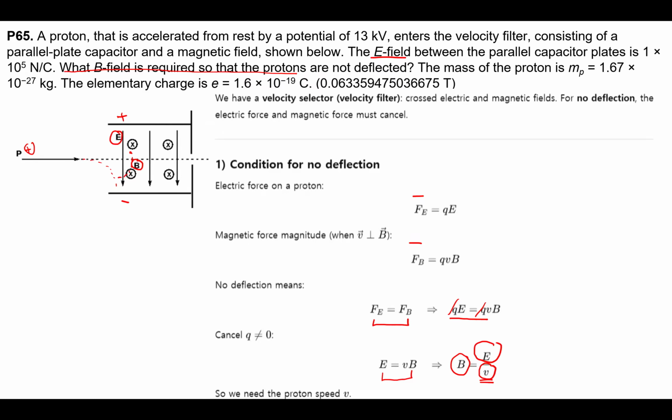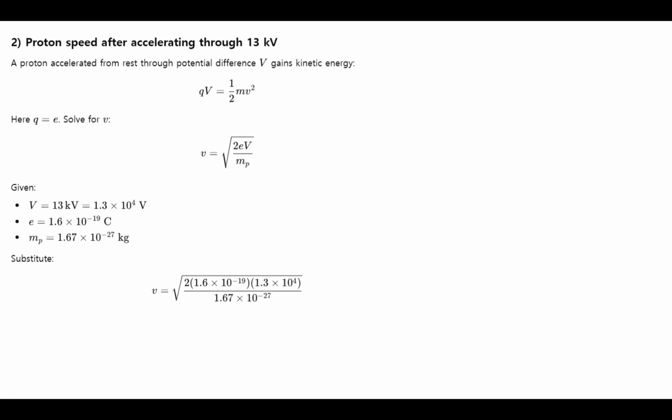V is calculated from energy conservation, such that this is the potential energy, and then this becomes kinetic energy. If you set the charge of the proton to plus e, then you'll get this relationship.